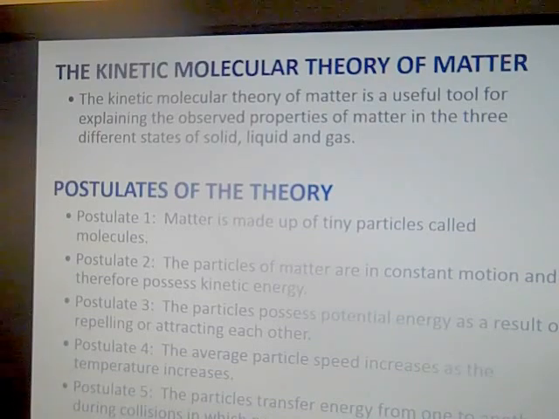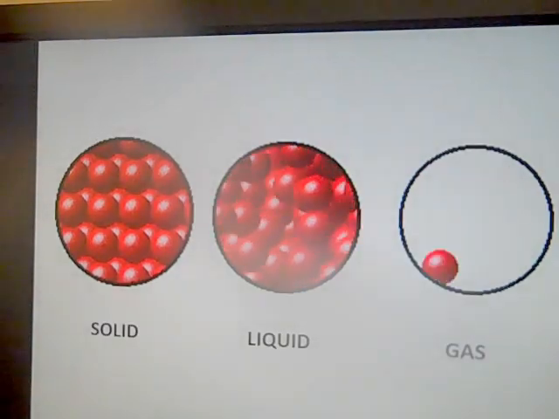The only thing is that with solids and liquids, because they're condensed phases, there are attractive forces and repulsive forces that should be taken into account because the molecules feel each other, they touch each other when they're in those states, which I'll show in a picture briefly.